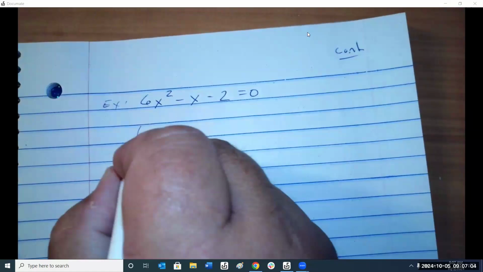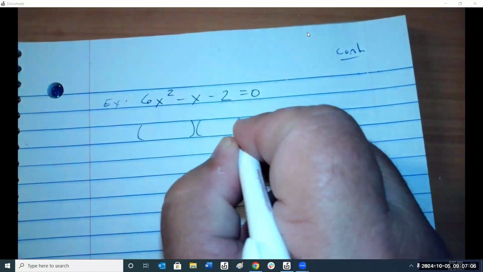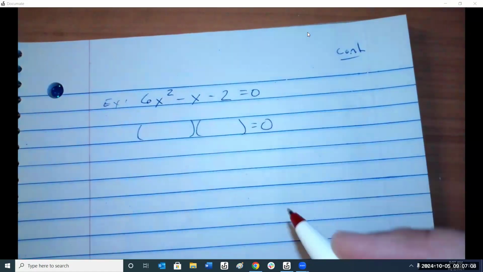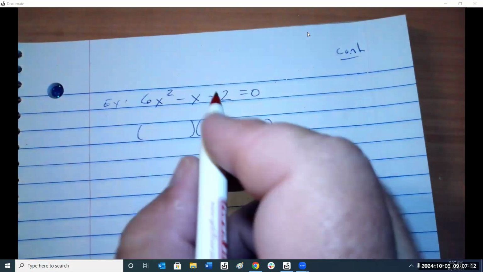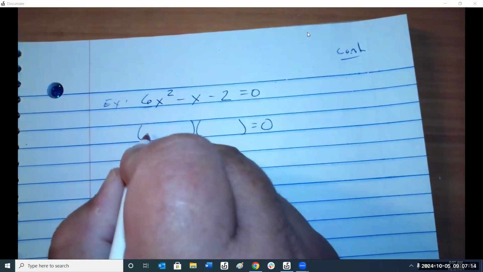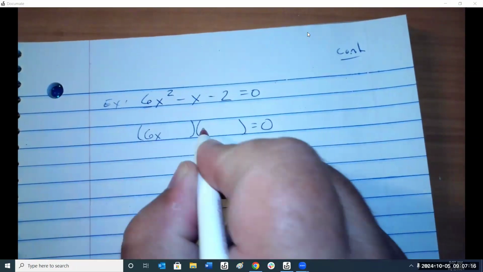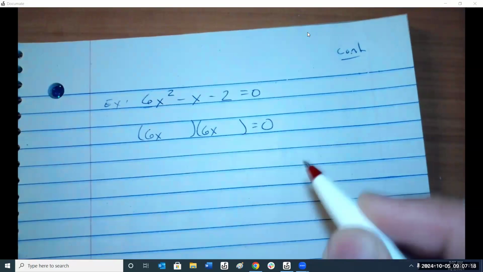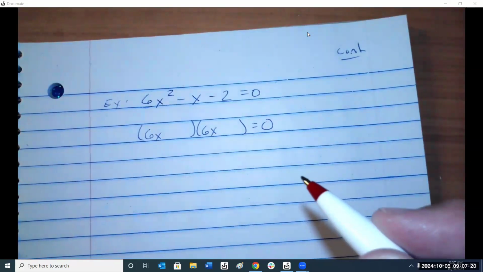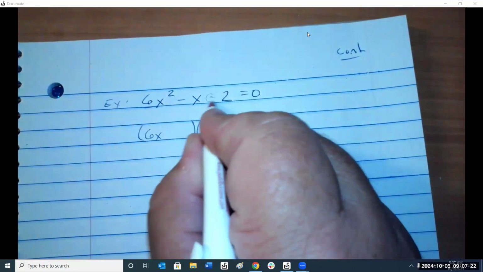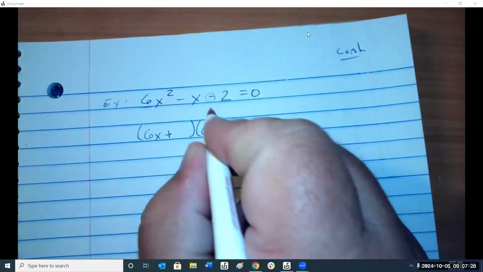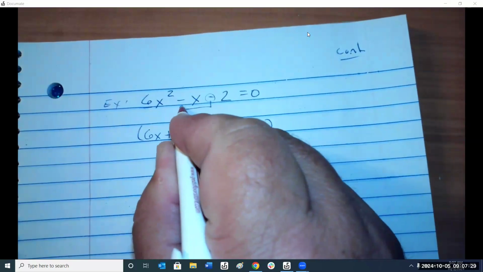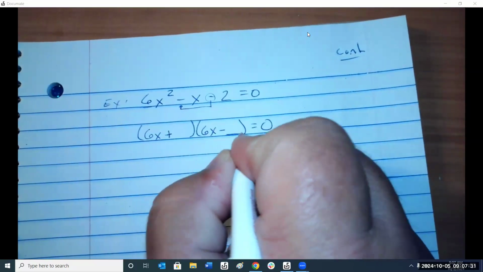So let's create the factor. Ax, Ax. Look at the second sign. It's a negative, so they're opposite signs. The bigger number will have that sign.